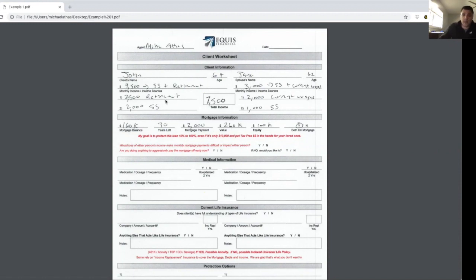analysis with them. And the key component to this is what this sheet is really doing is it's giving me the ability to come up with the facts that will help me drive the conversation to an emotional reason that they need to get coverage for their mortgage, or that they need to get life insurance. At the core of a mortgage protection sale or life insurance sale, there's always an emotional reason.